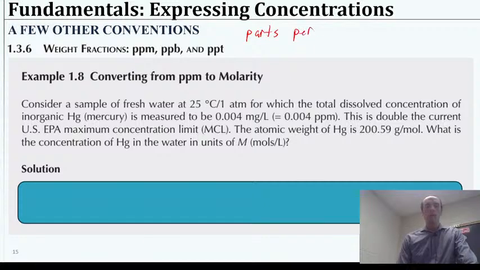Per, that's the pp, and then it might be million, billion, trillion, sometimes thousand if we do that way. And what you have heard of probably the most, but also the least at the same time, is parts per hundred.